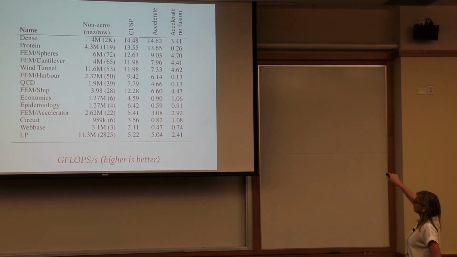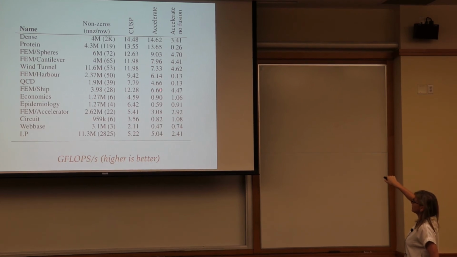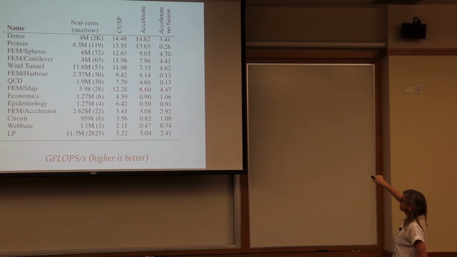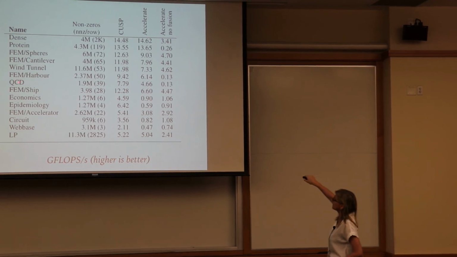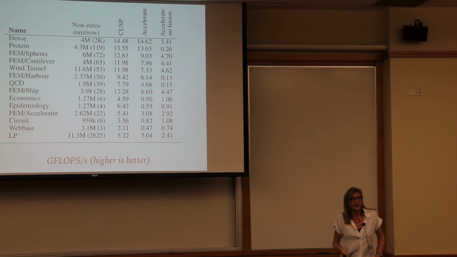And here you have the optimized CUSP implementation. In general, we can come pretty close to CUSP performance. Sometimes we are significantly slower, like here with the PEM chip, we're twice as slow.